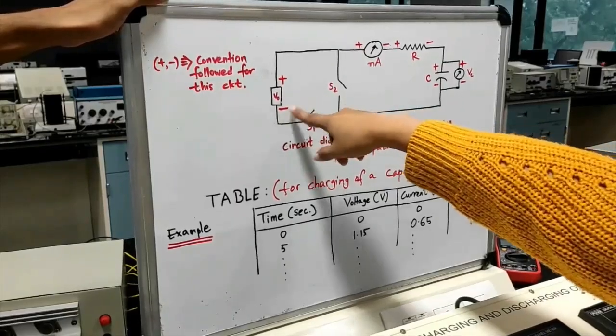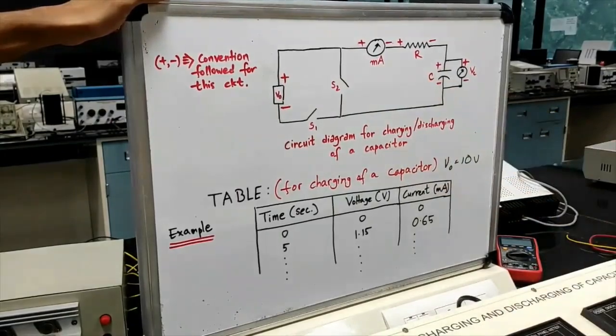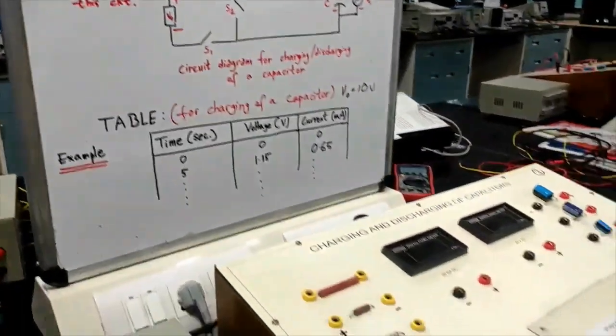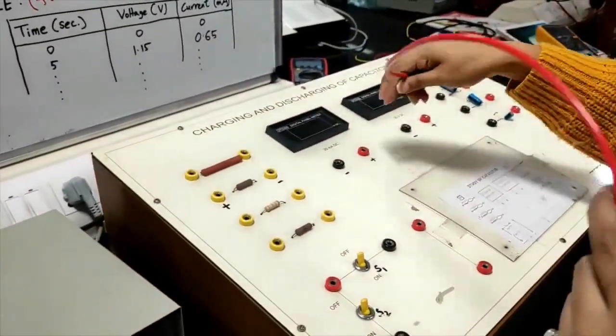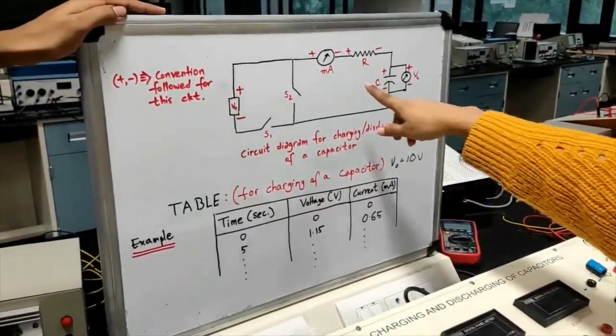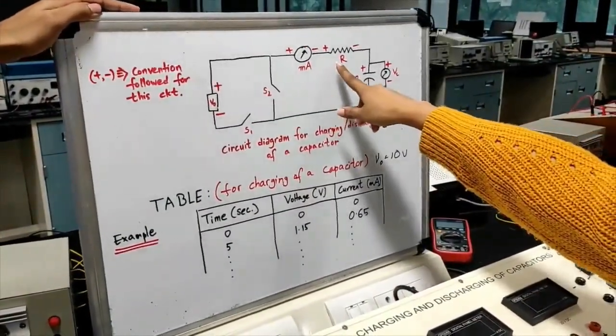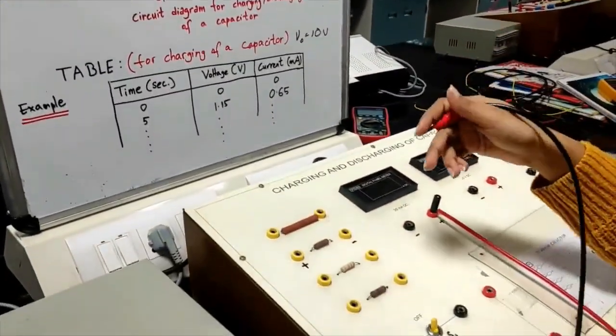The positive terminal of the power supply is connected to the positive terminal of the ammeter, and the negative terminal of the ammeter is connected to the positive terminal of the resistance.